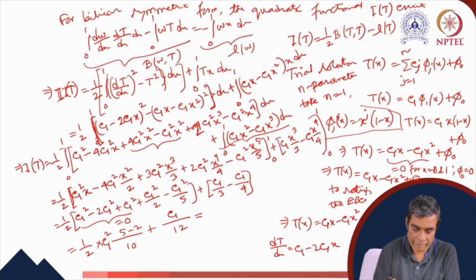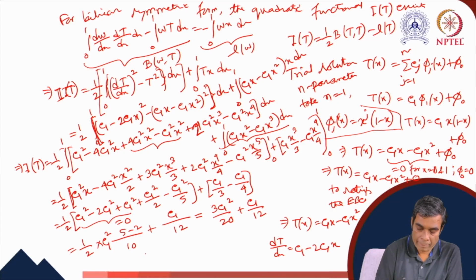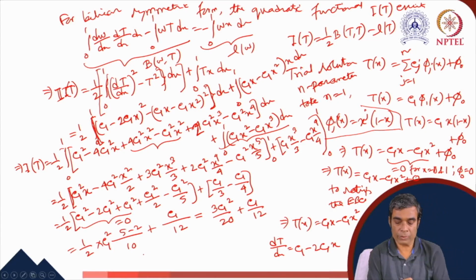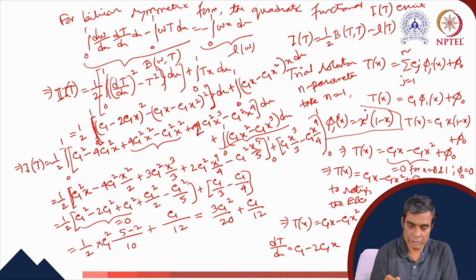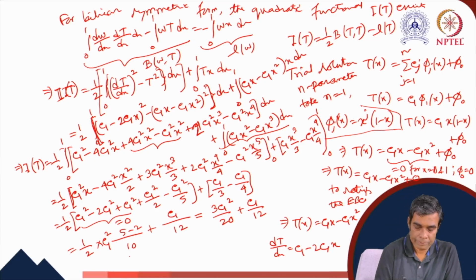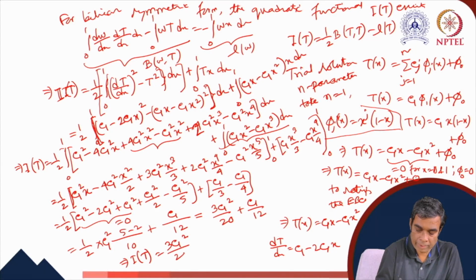From here we can get 3c1 square by 20 plus c1 by 12. So finally, our quadratic functional is 3c1 square by 20 plus c1 by 12.